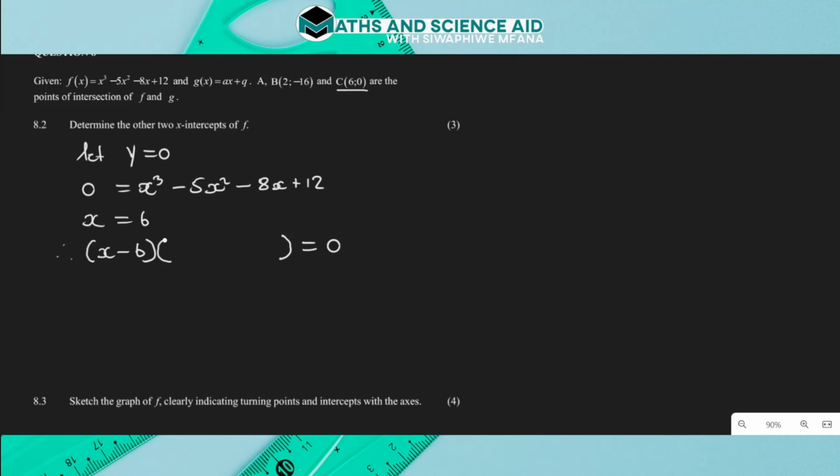And so to do that, we can start off by noting that if we multiply x with the first term of this quadratic expression, we must get x cubed. Therefore, the first term here must be x squared. And likewise, if we multiply negative 6 with the constant term of the quadratic expression, we must attain positive 12. So the constant term here must be negative 2.